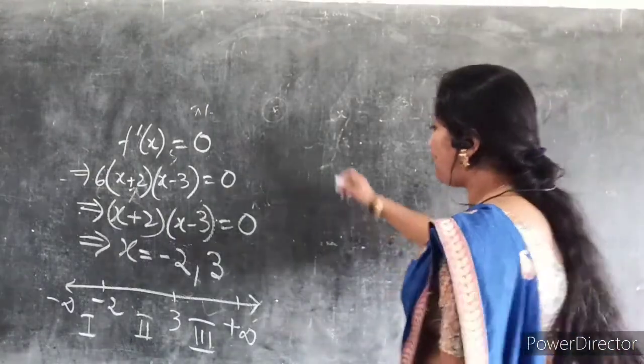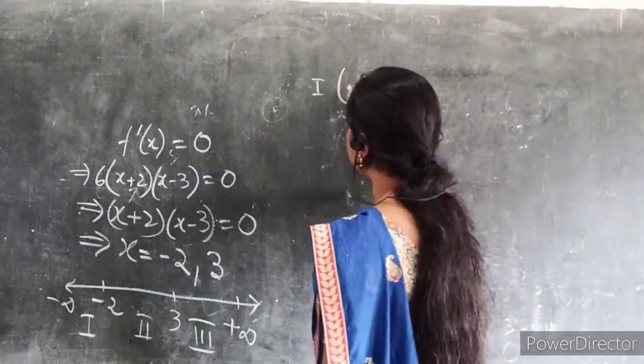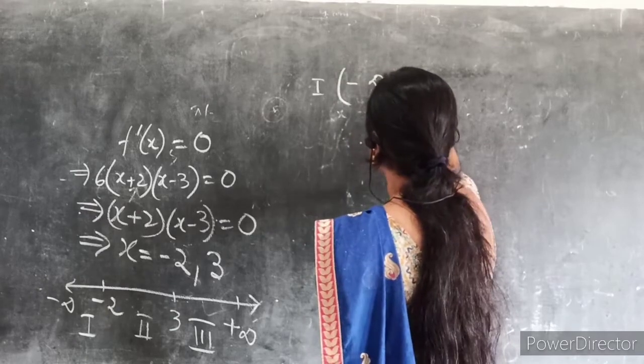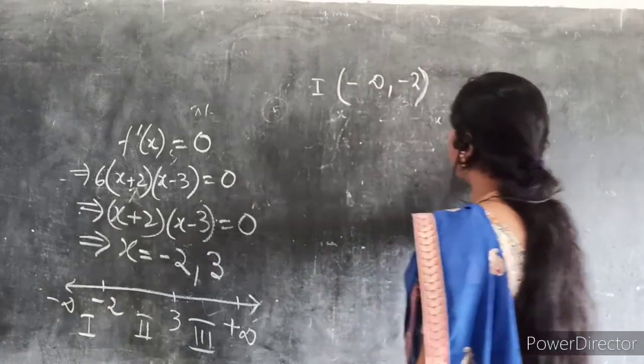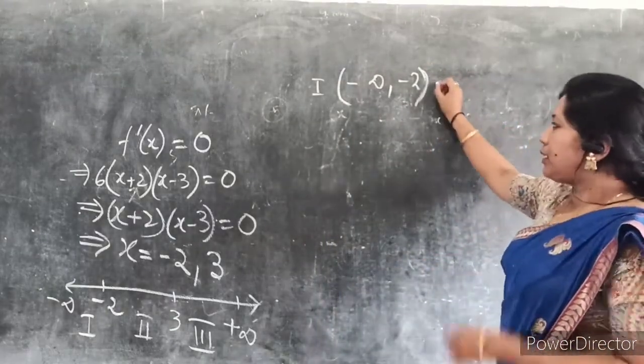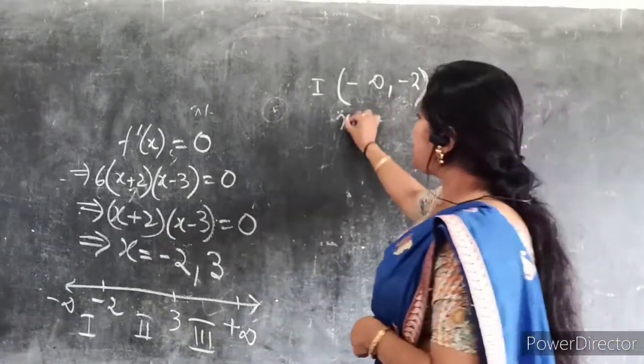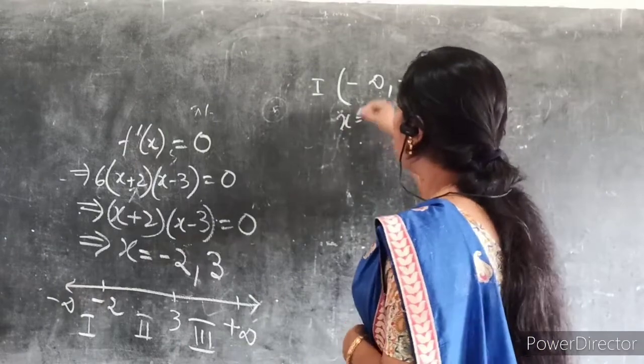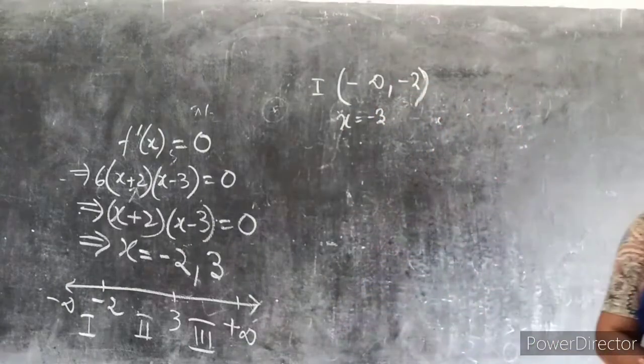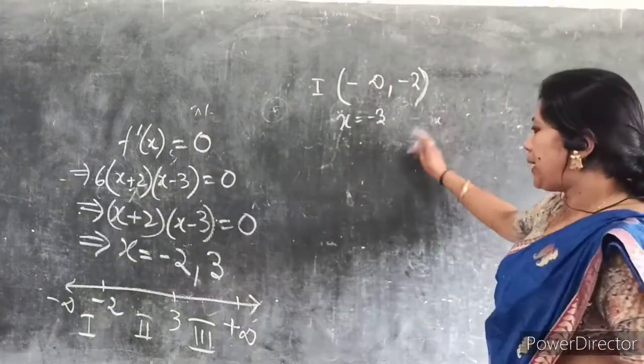I hope all of you are able to understand how I am doing. Okay, so what is the first interval? The first interval is from minus infinity to minus 2. So what value can you take here? Suppose let me take x equal to minus 3, because minus 3 lies between minus infinity and minus 2.